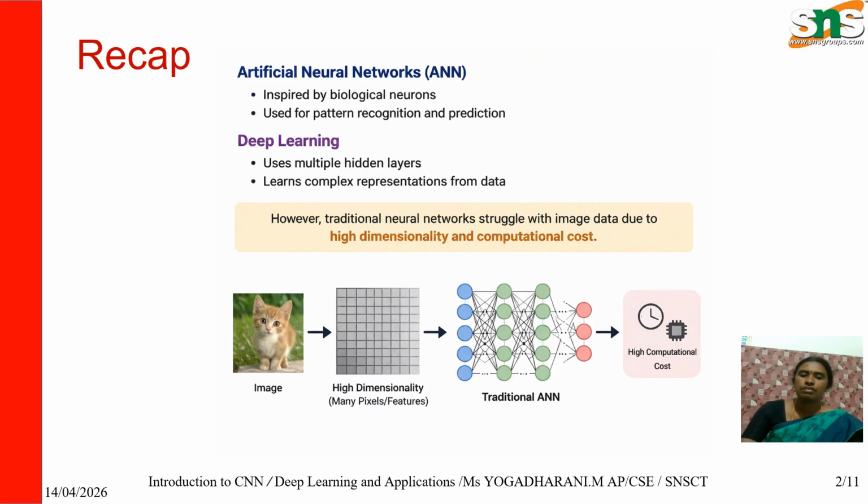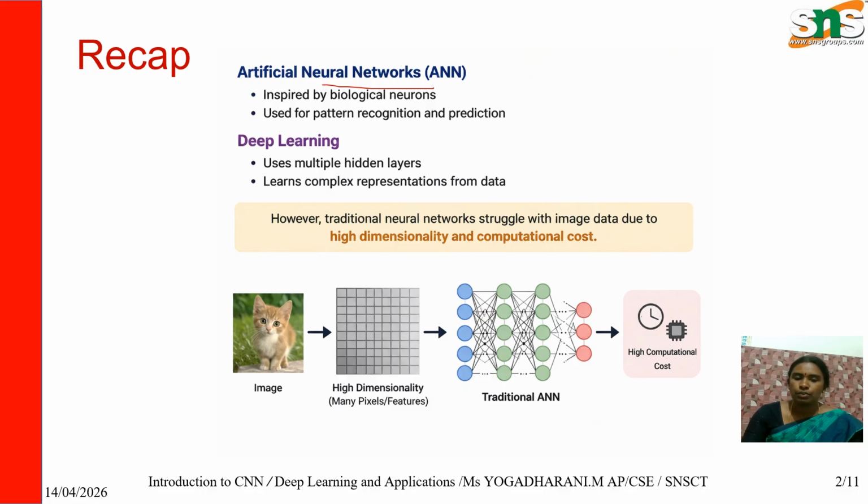Before getting to the session, let's recap our previous sessions. Before CNN, we studied neural networks. Can anyone recall what a neural network is? A neural network is a model inspired by the human brain, consisting of input, hidden, and output layers.